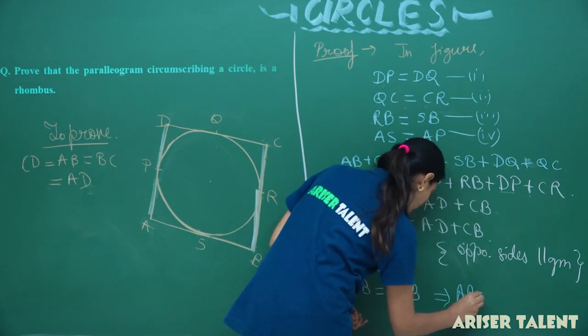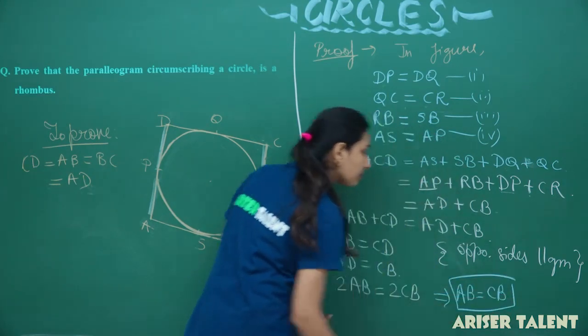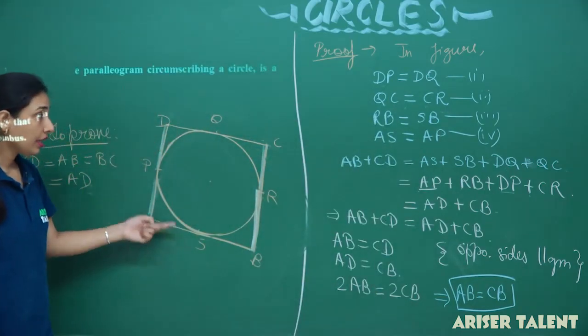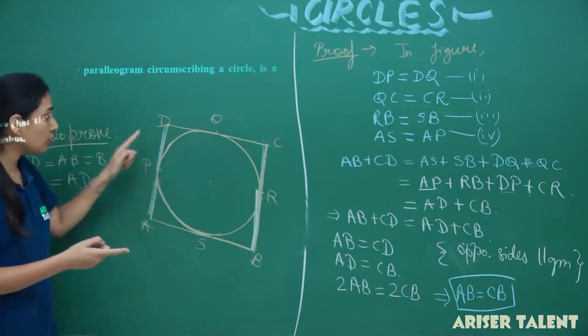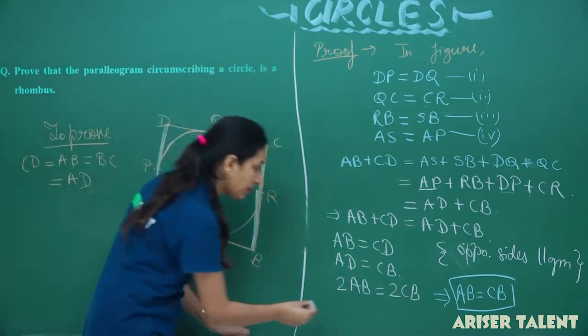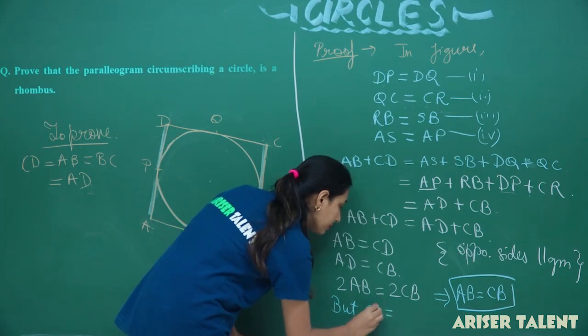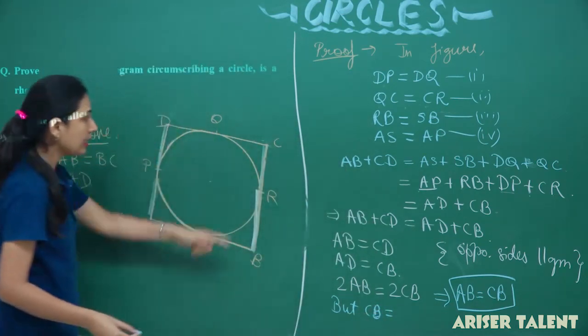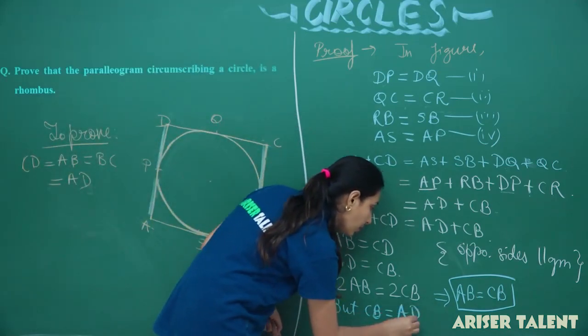This implies that AB equals to CB. Now CB is equals to what? This CB is equals to this AD. Okay.